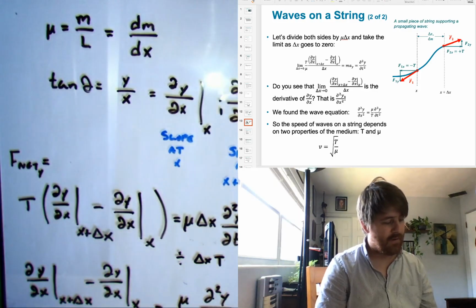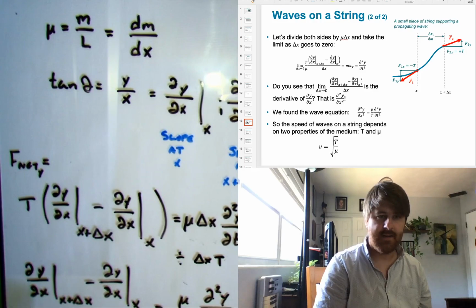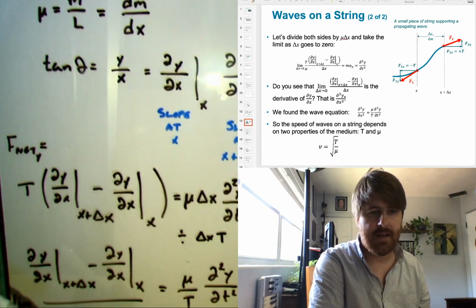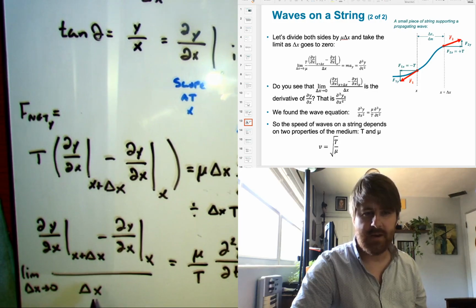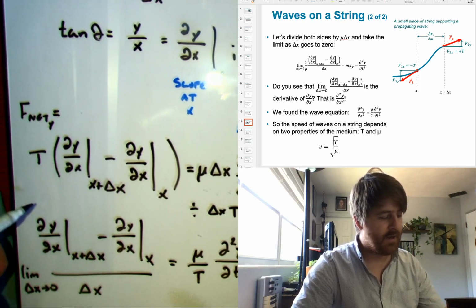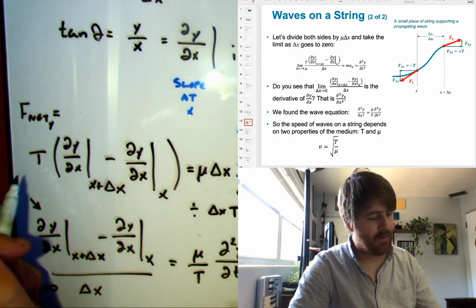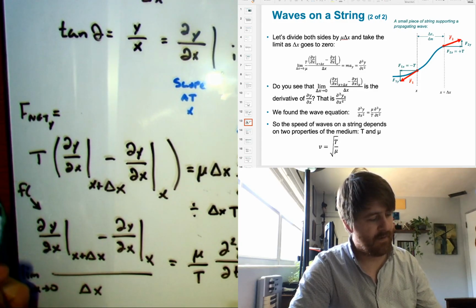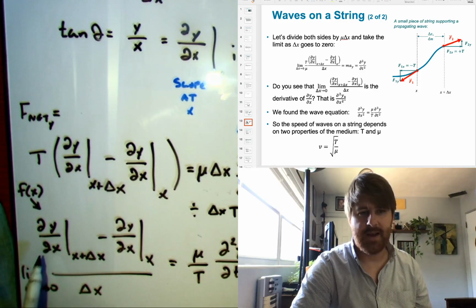Okay, now all we have to do is take the limit as delta x goes to 0. You'll recognize that this looks something like the definition of a derivative, except our function is this thing. We'll call this f of x. F of x is the derivative of y with respect to x.